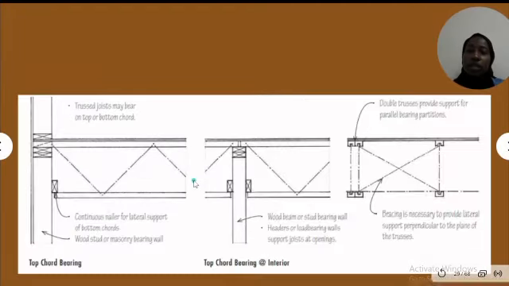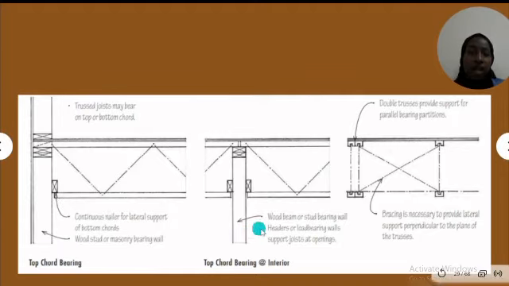A truss joist may bear on top or bottom, either of them. At the top, chord bearing has a continuous nailer for lateral support of the bottom chord and wood stud.